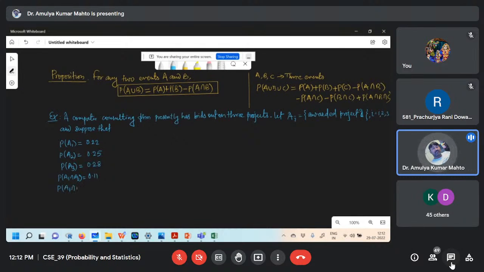Probability of A1 intersection A3 is given as 0.05. Probability of A2 intersection A3 is given as 0.07. And probability of A1 intersection A2 intersection A3 is given as 0.01. Got it?